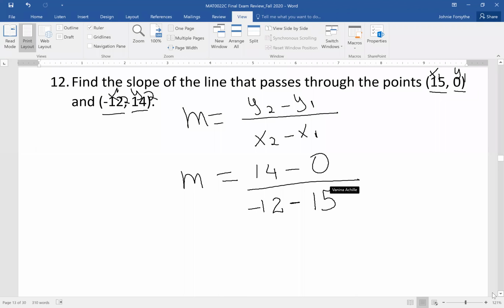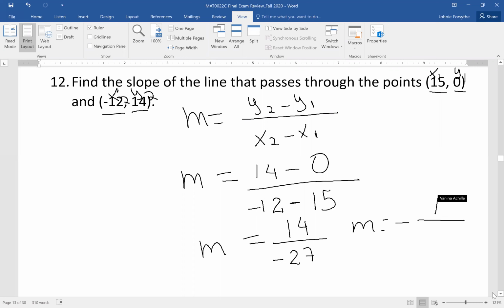Now I just go ahead and solve. 14 minus 0 is 14. Negative 12 minus 15 is negative 27. I like to put the minus right here next to the fraction. And this cannot be simplified as 14 is not divisible by 27's factors.